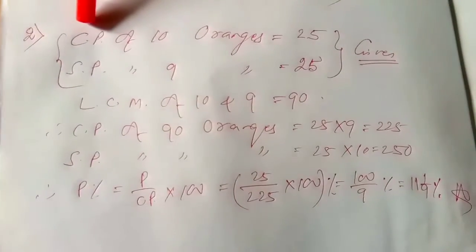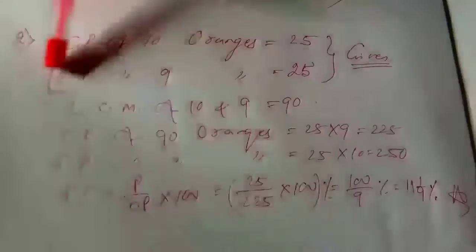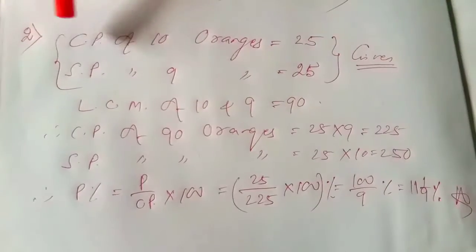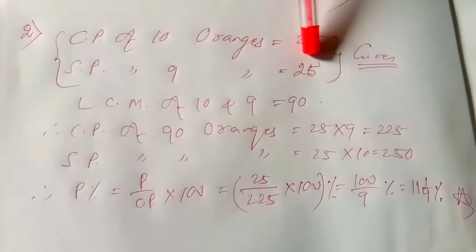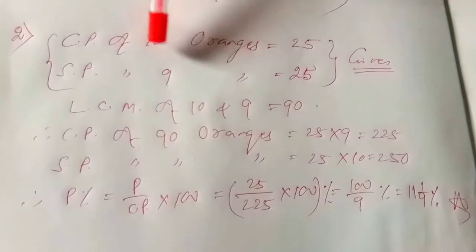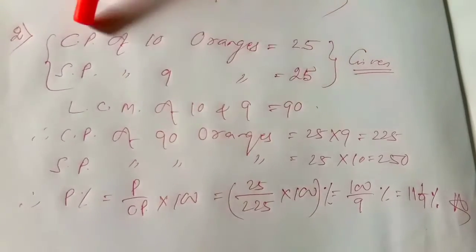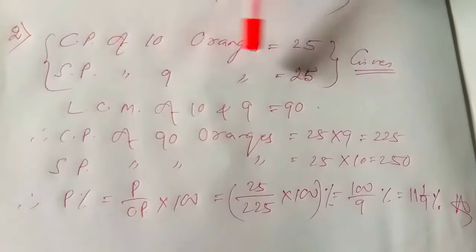As per the question, cost price of 10 oranges is equal to 25, and selling price of 9 oranges is equal to 25. What is the LCM of 10 and 9? It is 90. So you have to find the cost price and selling price of 90 oranges.